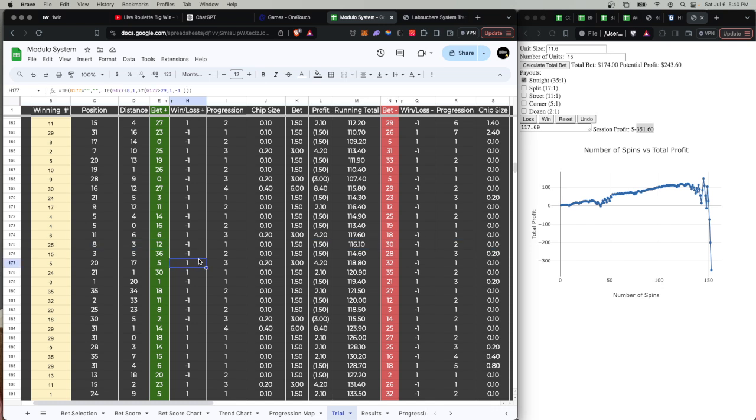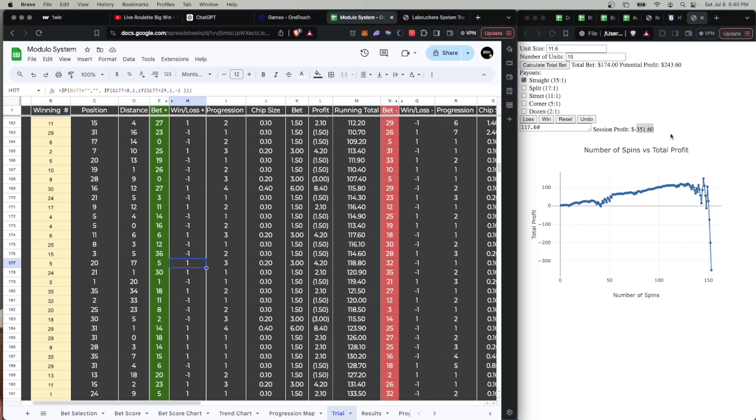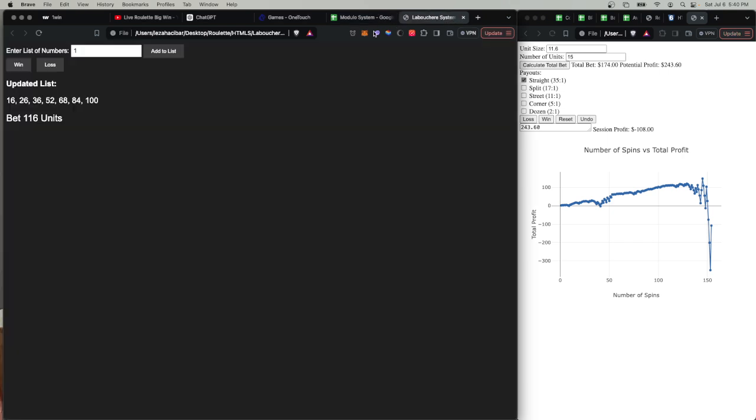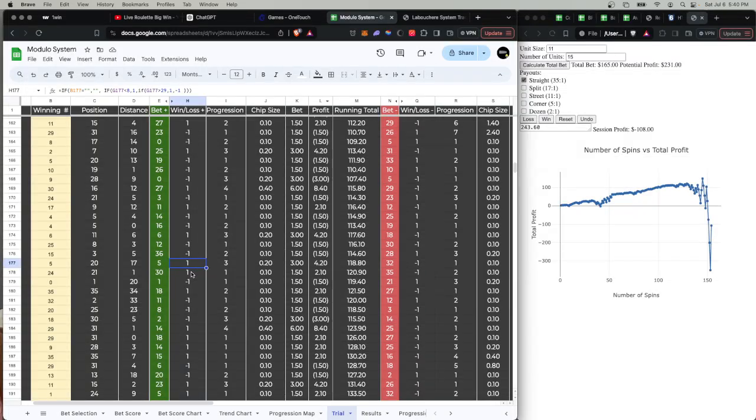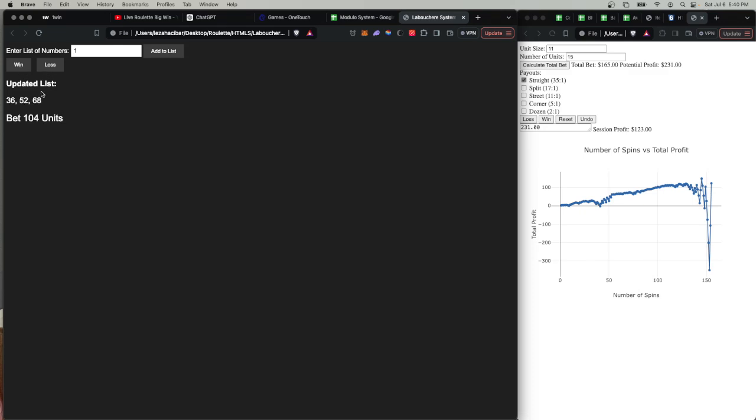And we're here. We get a win. So now we drop to 11. We get another win. So that brings us to 104.